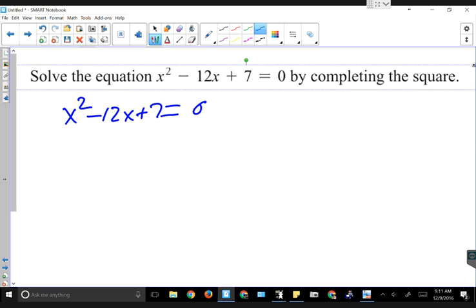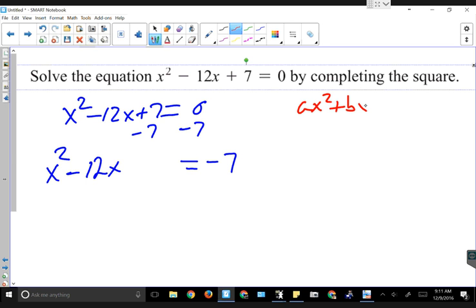Subtract 7 from both sides. So what we see is x squared minus 12x is equal to negative 7. Now, when I write this down, I'm going to leave it with a little space like this. I'm going to show you why. First thing that we've got to do is identify which one of these is b. Now remember, we're dealing with ax squared plus bx plus c is equal to 0.